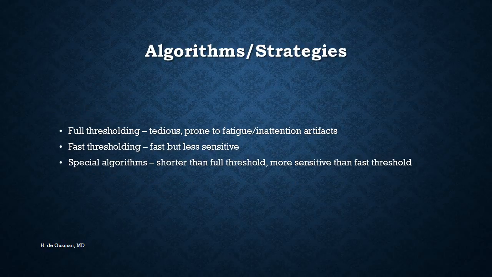So full thresholding is very sensitive, but it takes a long time and is prone to artifacts because the patient gets tired or loses concentration. Fast thresholding, on the other hand, is faster, but it's less sensitive. So a good compromise are the special algorithms, which are shorter than the full threshold but more sensitive than the fast threshold.